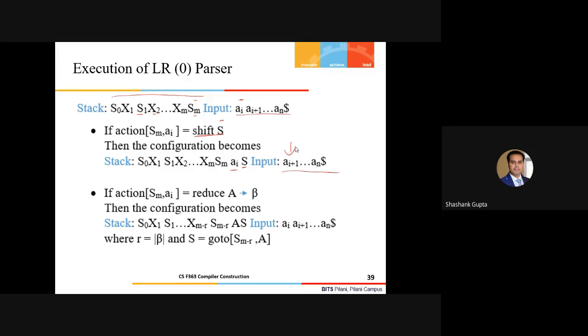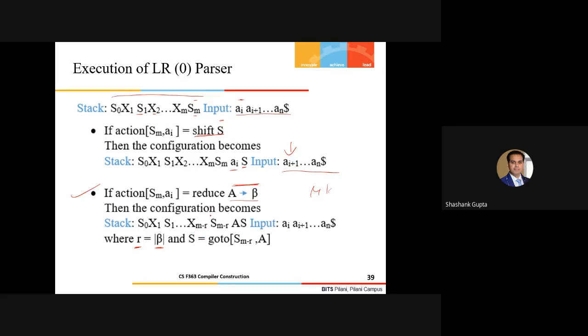Fine, guys? On the other hand, if my action corresponding to the state and this lookahead symbol is reduce by this rule, I mean, earlier we wrote reduce by rule number, so this time reduce by the corresponding rule A derives beta, where consider that the length of beta is R. So I'll delete R symbols from the top of the stack.